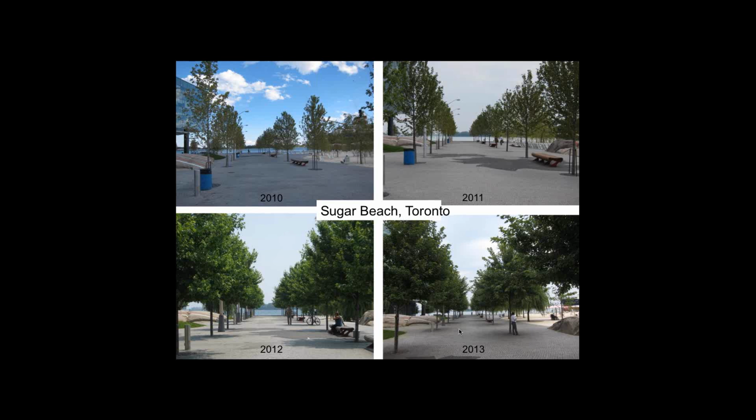So here at Sugar Beach, in just 4 growing seasons, with trees spaced 30 feet apart in good holes with the root ball brought up to the surface, just a little light gravel on the surface, we've created the continuous tree canopy that we wanted in a very short amount of time, starting with fairly small trees. So please think about the future, think about what that tree is going to become, and design your systems so that that works well.